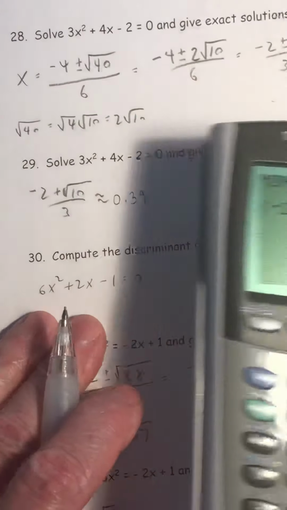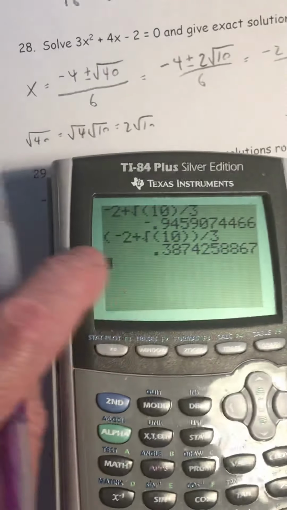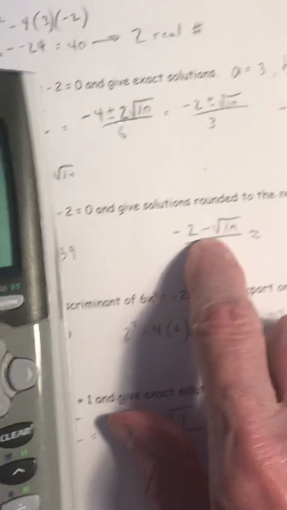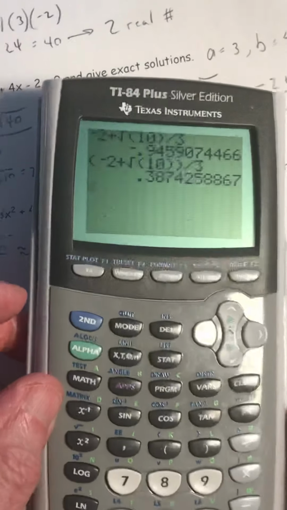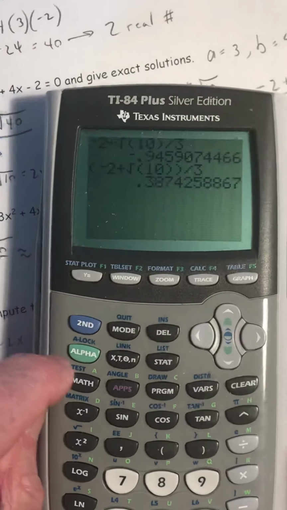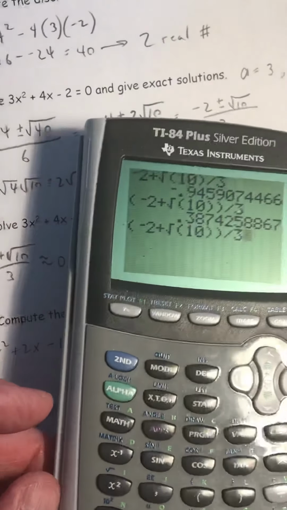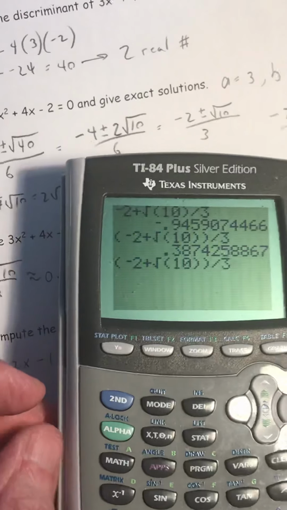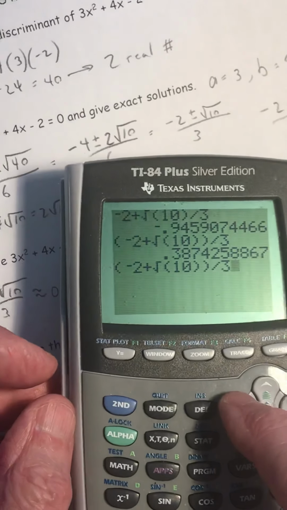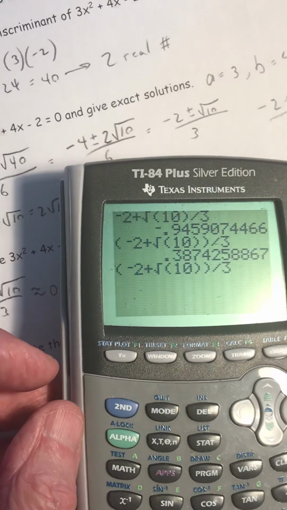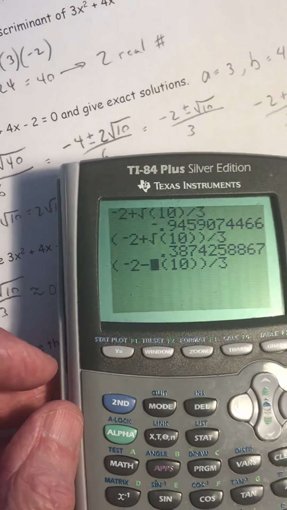Hey, want to see a trick? I don't want to type all this in again for the next one. I just want to change this to takeaway instead of add. So if you hit second and then enter, see, it brings back the expression we just had, but now it will allow you to use the arrow key and get on top of that and change that to subtract instead of add.